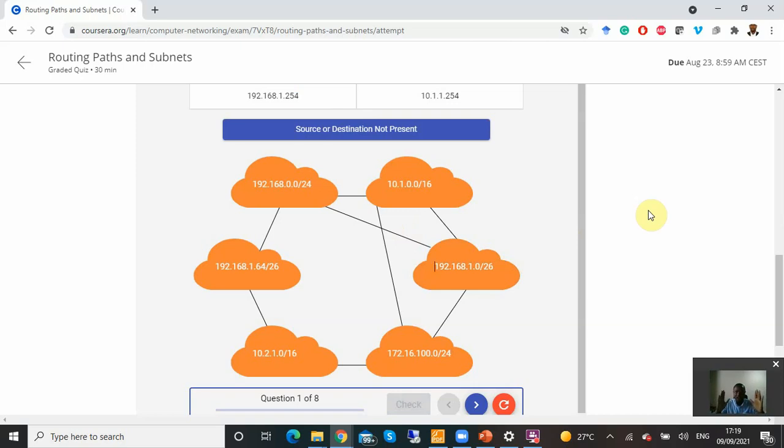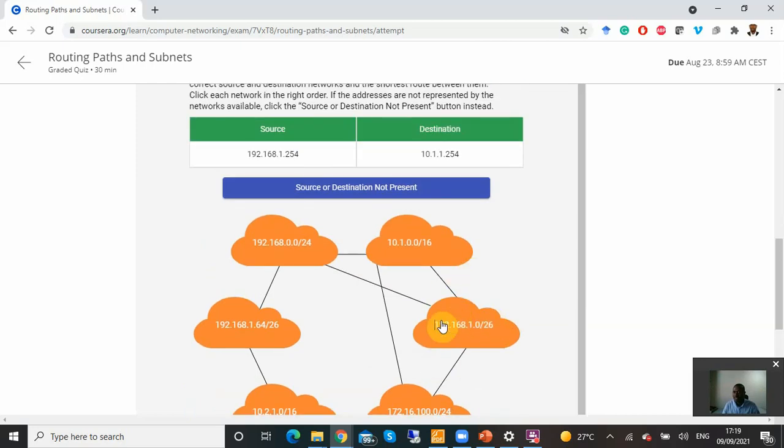So it means that this cannot be your own network space.